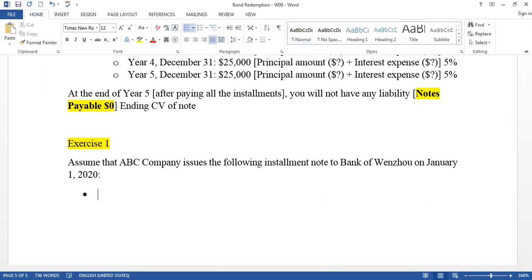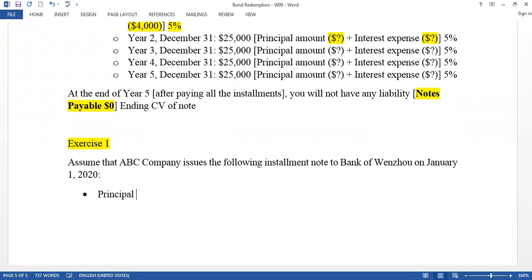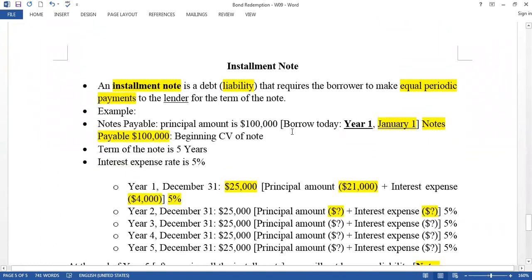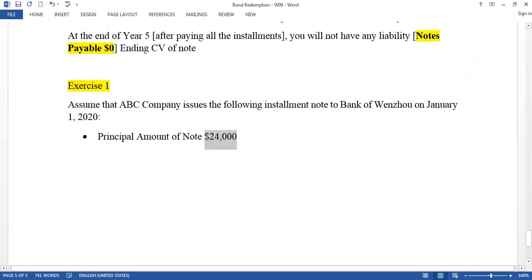The principal amount of the note is $24,000. Before I said that you borrow $100,000 today, right? Same question here. You borrow $24,000 today.